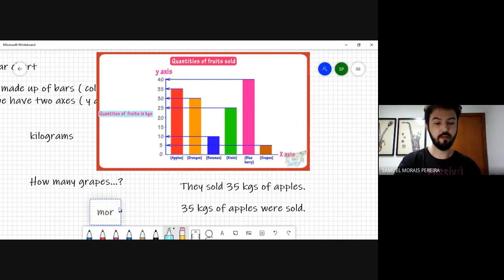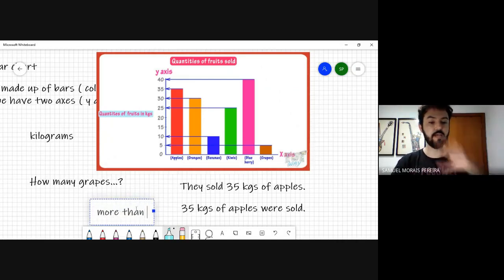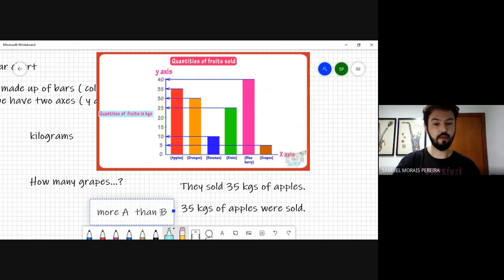Can you see, guys? I can use words like more something than something, okay? Or more A than B. Just like Leonardo said, he said, they sold more kiwis than bananas. As you can see here, when you compare, can you see it's visual?